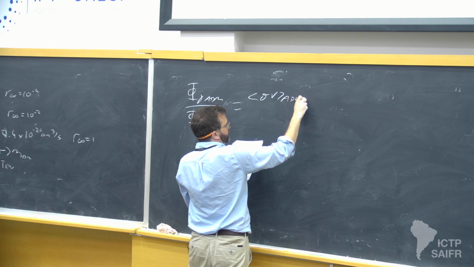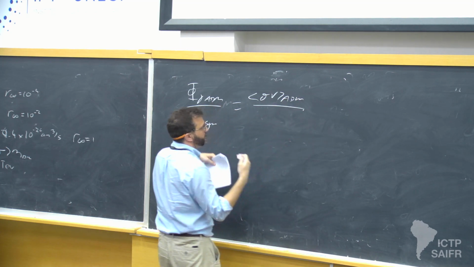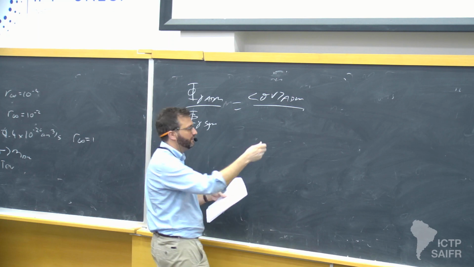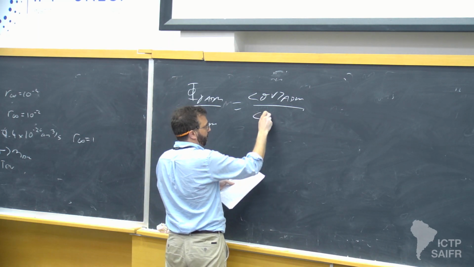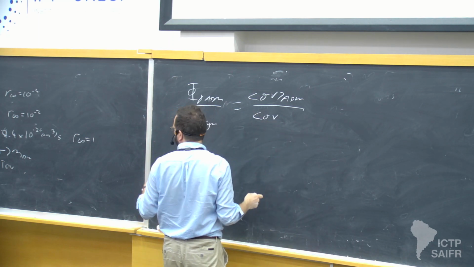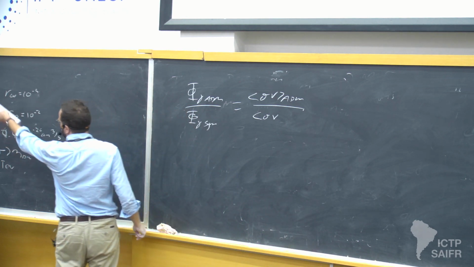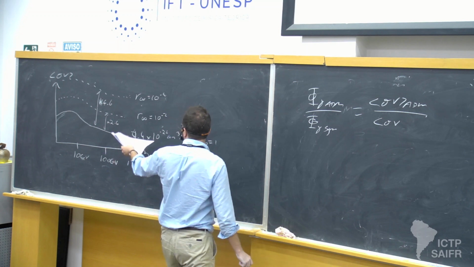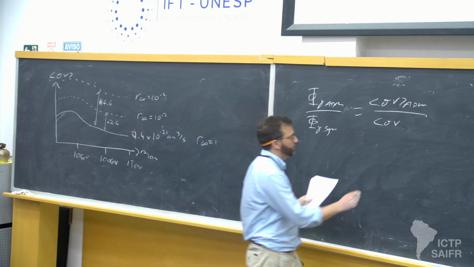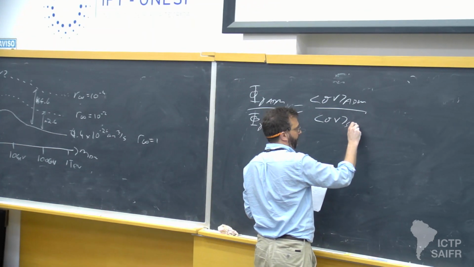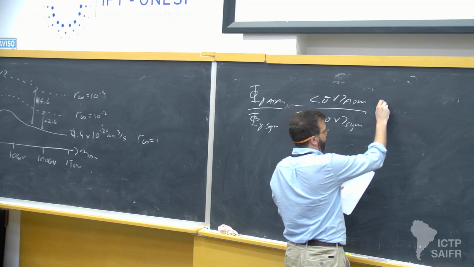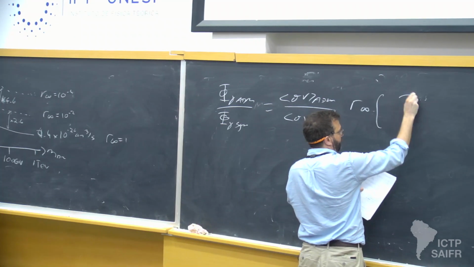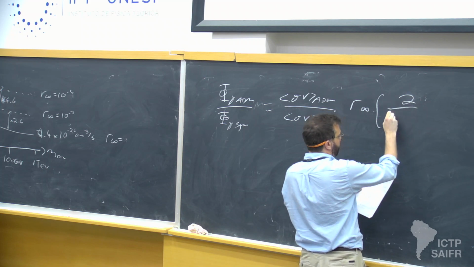In principle, this cross-section could be slightly larger, but doesn't have to be, because from what we derived before, to really suppress the dark matter antiparticle number density, we only need to increase the cross-section a little bit. And when you put everything together, it gives you this factor here.